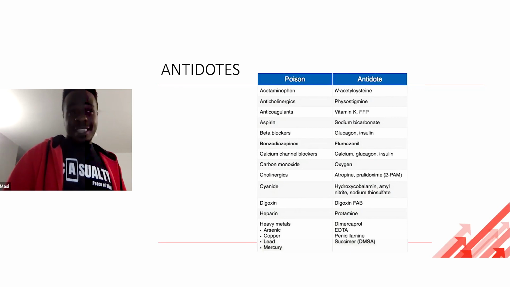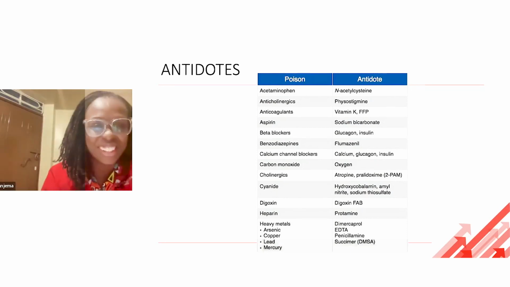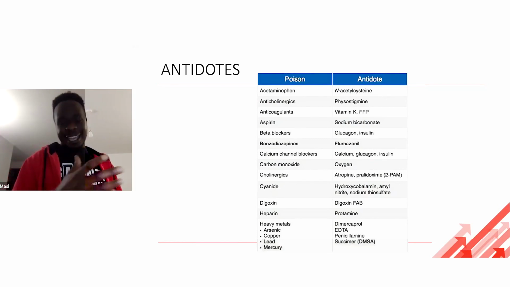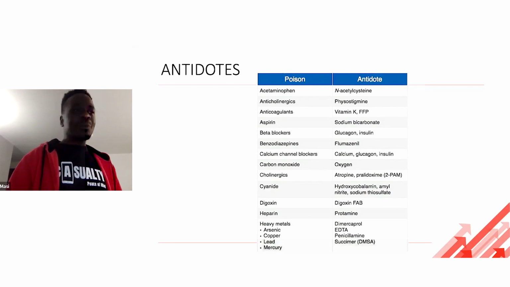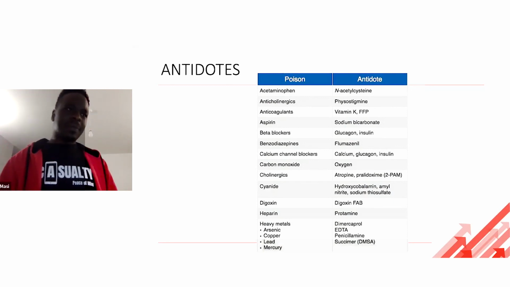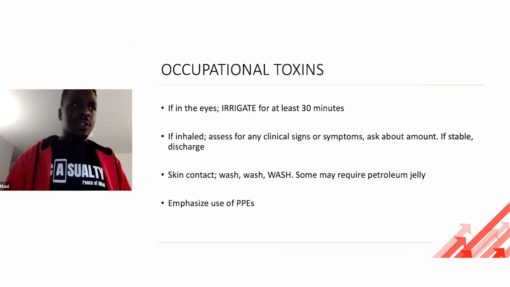Calcium channel blockers, by the way, don't taste really bad. I know this because I've tried chewing one, and that's why children will probably take a lot of them. So remember your glucagon, your insulin, and your calcium. Just looking at that list, I think this is information that can be easily found in our protocols.